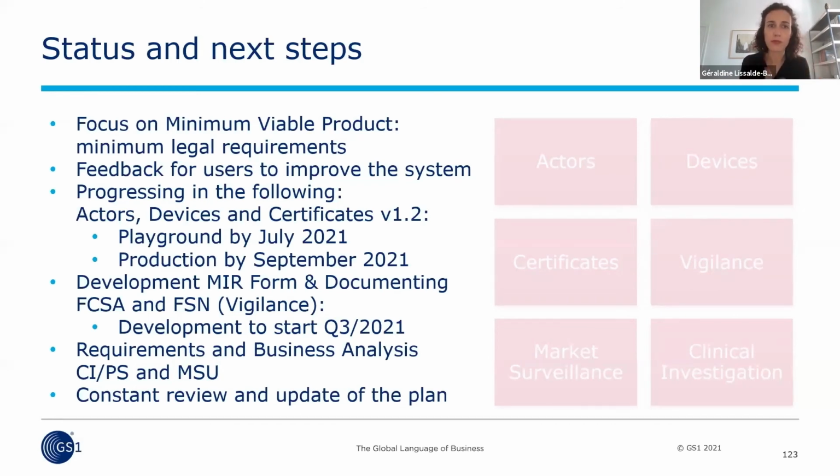Just go first with what is required, and then you extend it afterwards when you know it's working. Provide feedback to the Commission in order for them to be able to improve the system. And here I will open a parenthesis because we received a lot of feedback from users saying there is a mistake in EUDAMED, meaning that on the UDI field, there is a possibility to enter different sizes of GTINs.